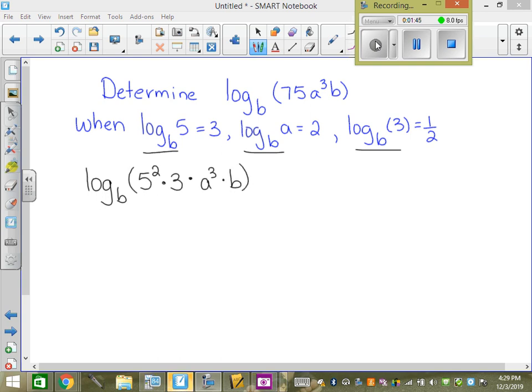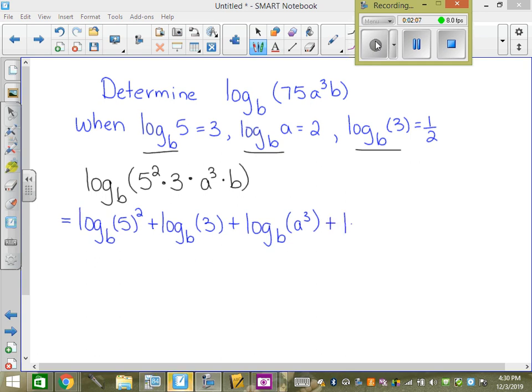And then we're taught that when we have multiplications, we can separate it by additions. So I'm going to get log base b of 5 squared plus log base b of 3 plus log base b of a cubed plus log base b of b.